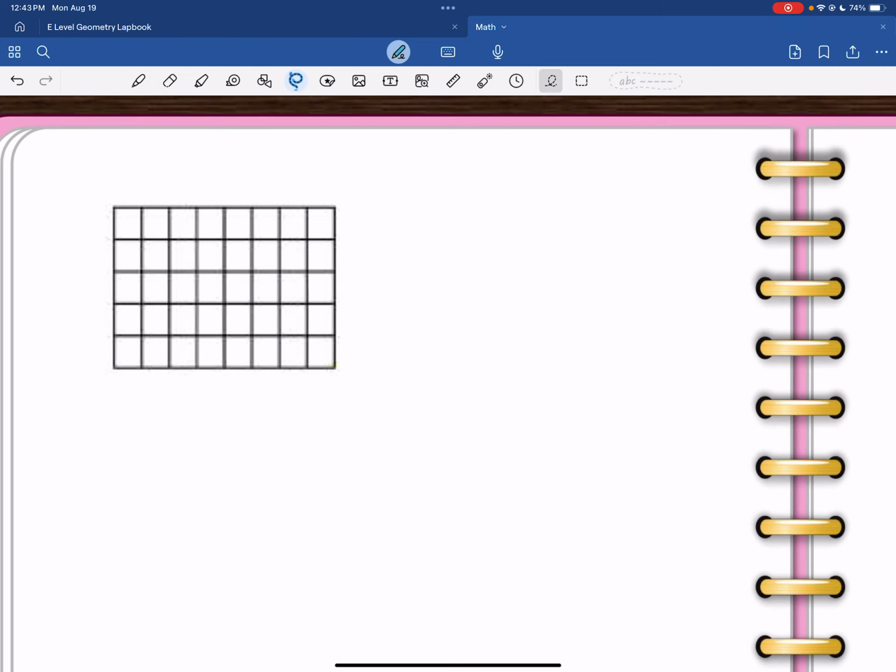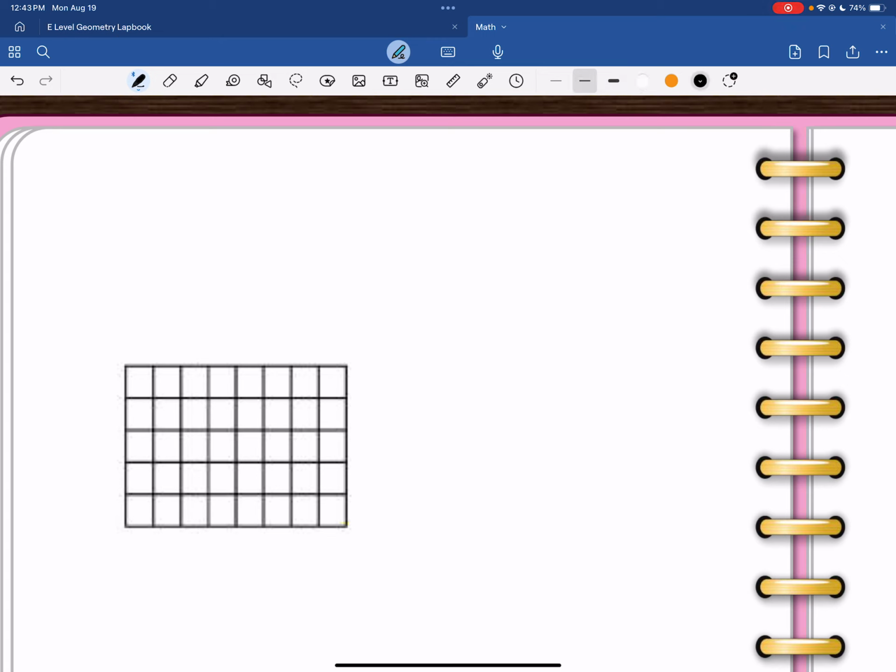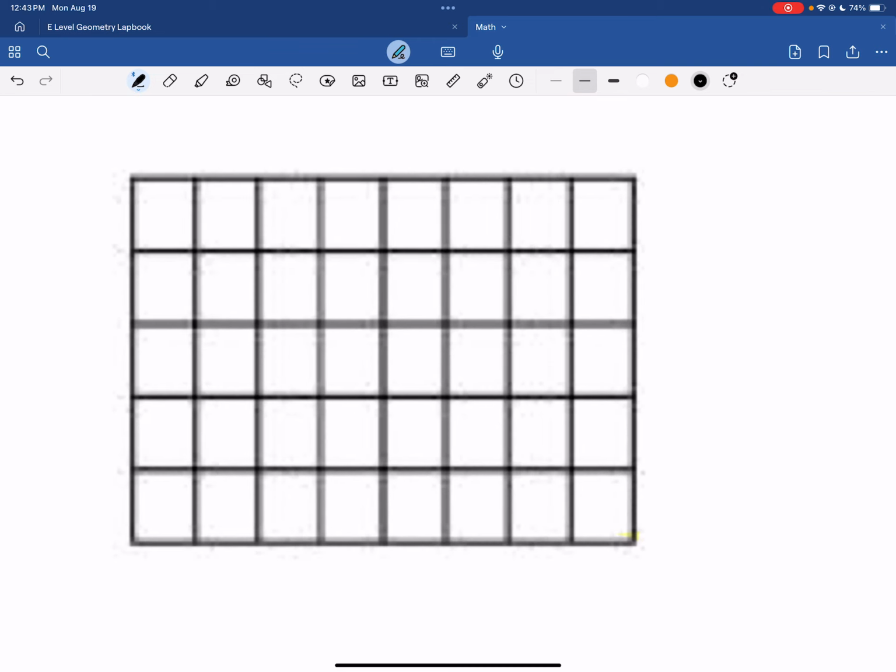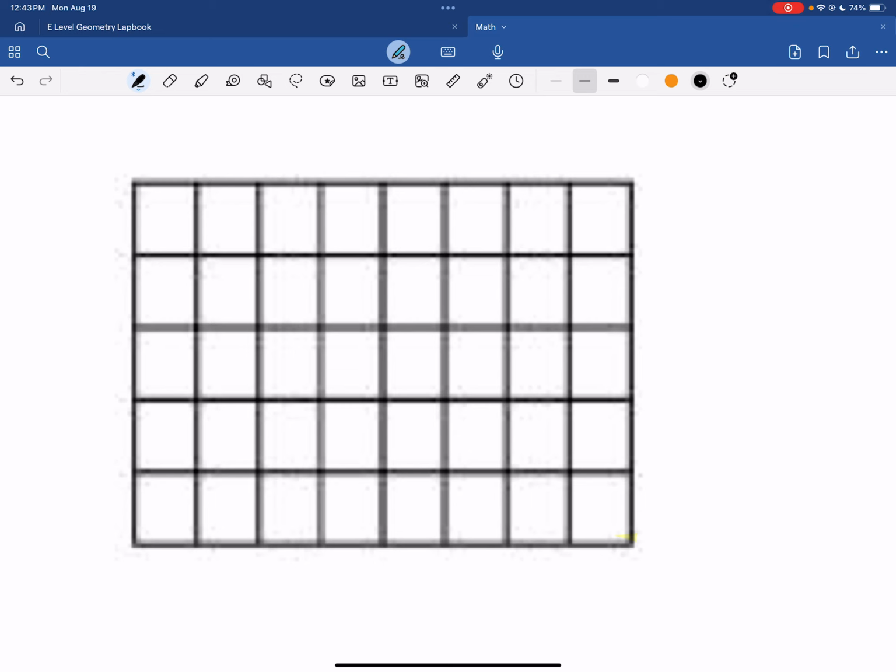Remember, we talked about area being the amount of space covered by a surface, by a shape. One thing I want you to notice here is that these are not perfect squares. I copied this from the internet. A perfect square would look more like this.